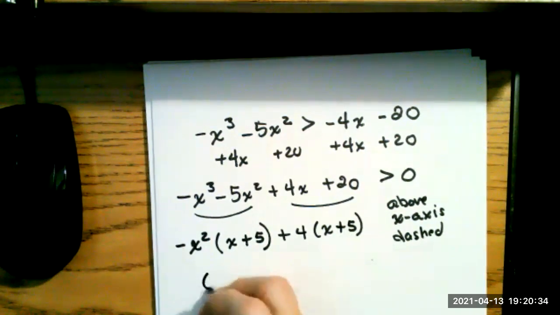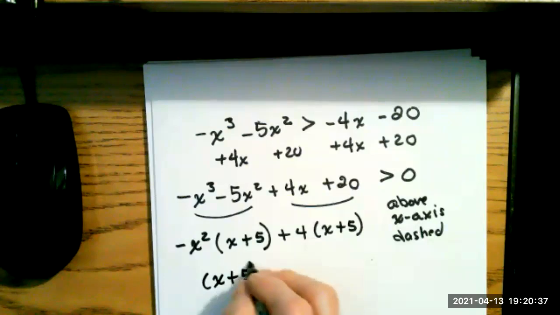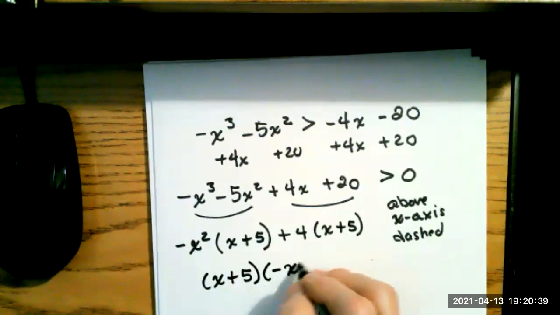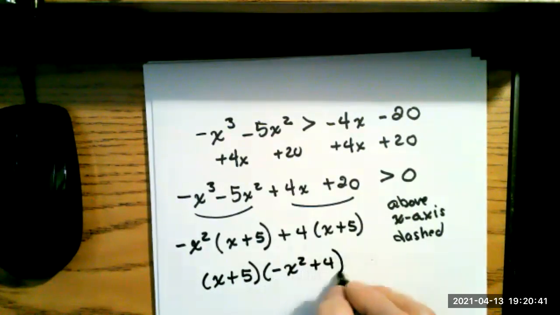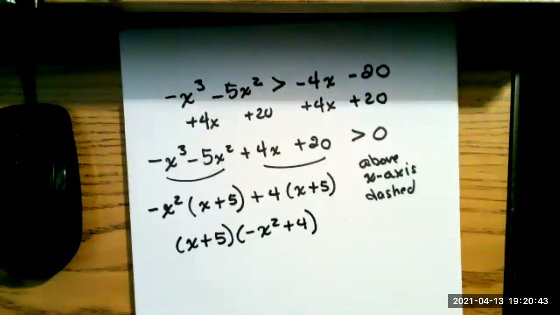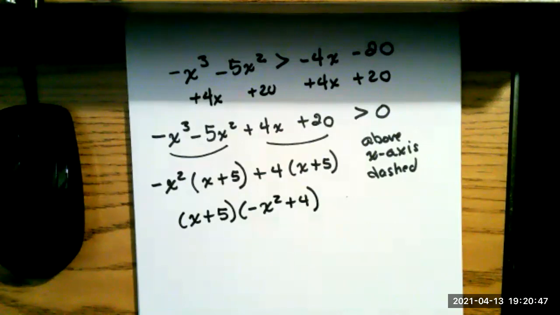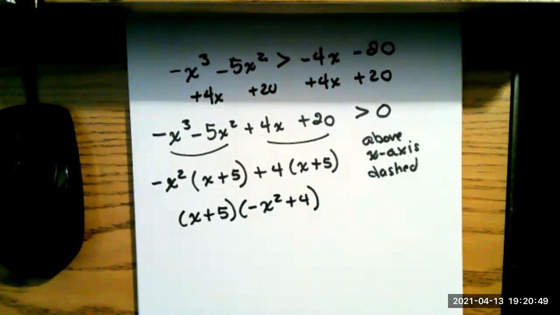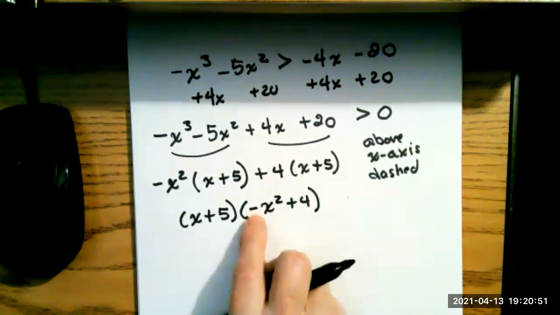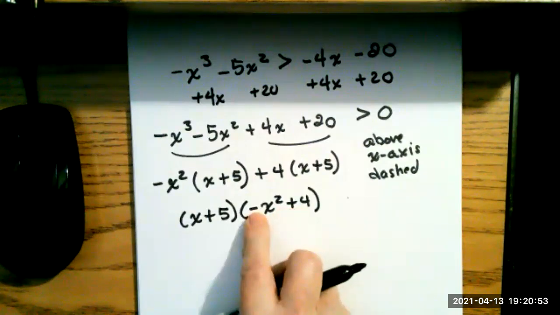So now I have an x plus 5 and a negative x squared plus 4. Well, that x plus 5 is okay, but that negative x squared plus 4 is not okay.